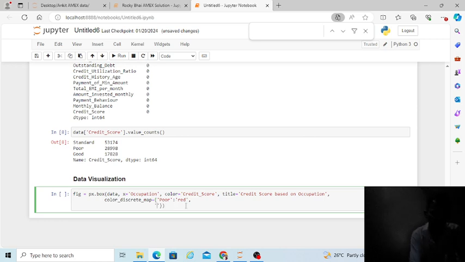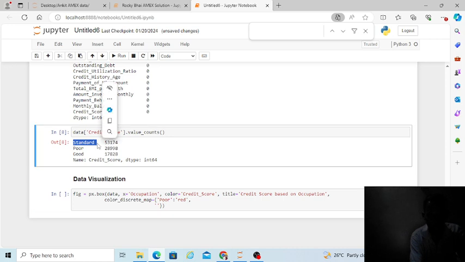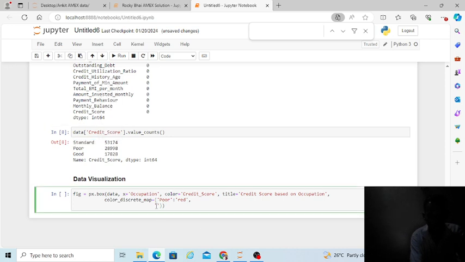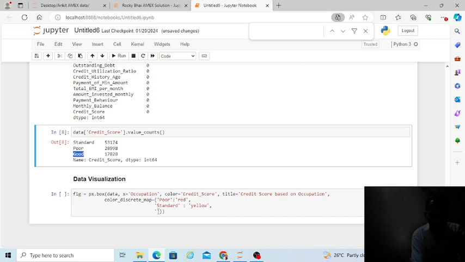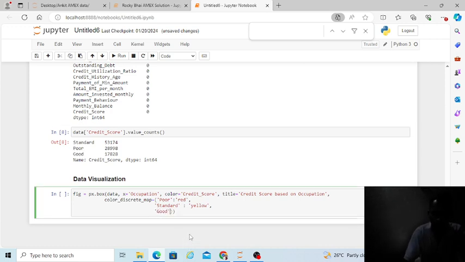Next is standard, which I will mention as yellow, and finally good, for which I will mention green.